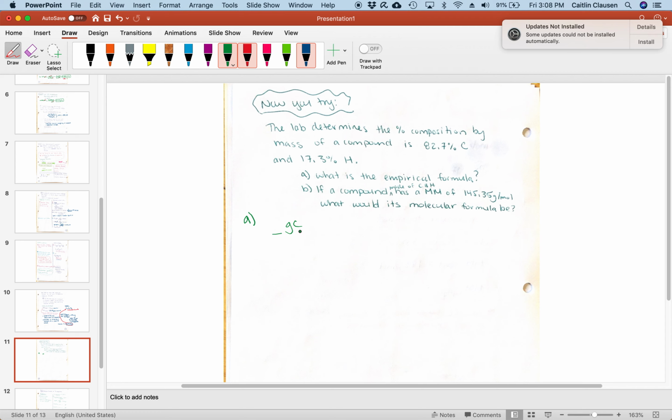So grams of carbon: we have 100 grams of compound times 82.7% carbon.